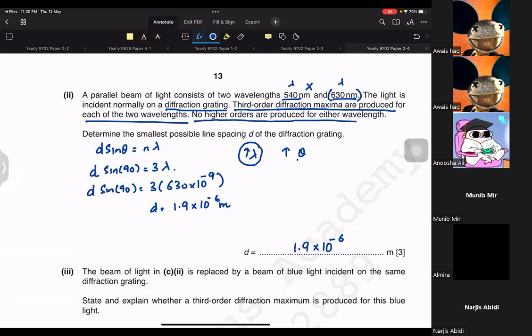Yeah. Sir, for the smallest line spacing, you take the biggest wavelength. Smallest line spacing, I used it because you need to understand that the greater the wavelength is, the greater the diffraction is, right? So you have to check this one, because if the line spacing is more, then it would have a greater angle of diffraction as well.